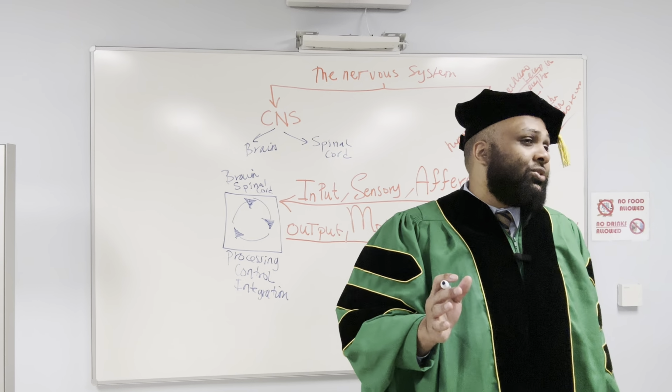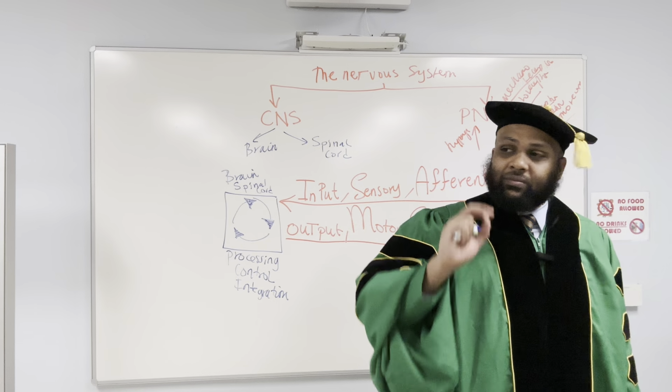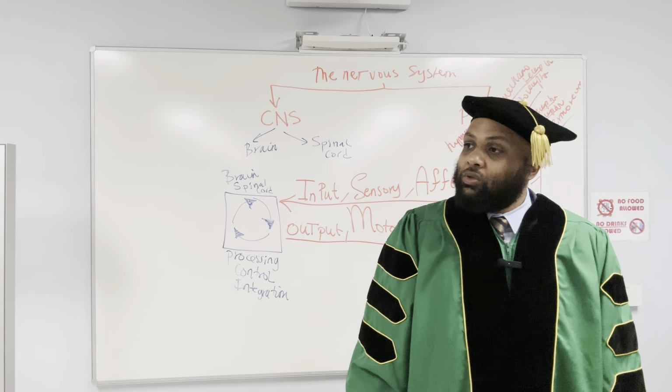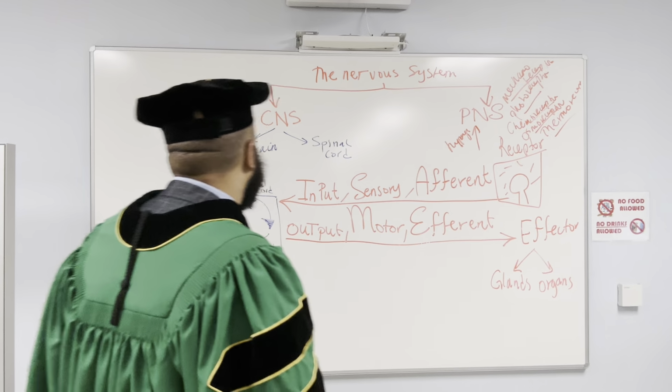And all it needs to know is one of two things. Is it somatic or visceral? What did we say earlier? What is somatic? What is visceral? Somatic is tough tissue.